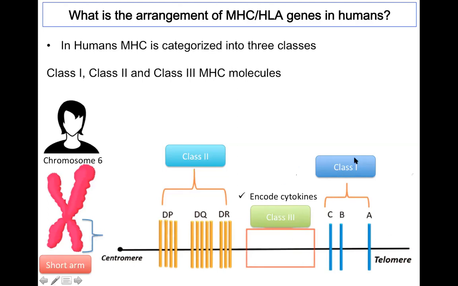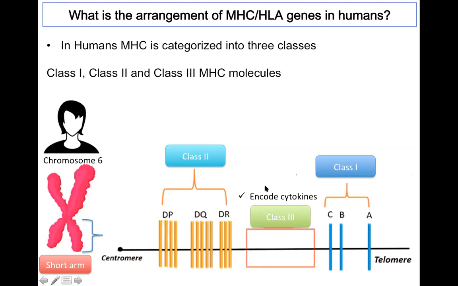Class 1 has 3 different regions, known as A, B and C. Class 2 has another region called the D region, and the D region has different loci, so we call them DP, DQ and DR. Class 3 is located between class 1 and class 2.